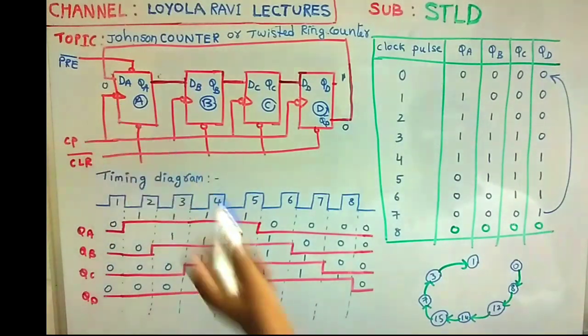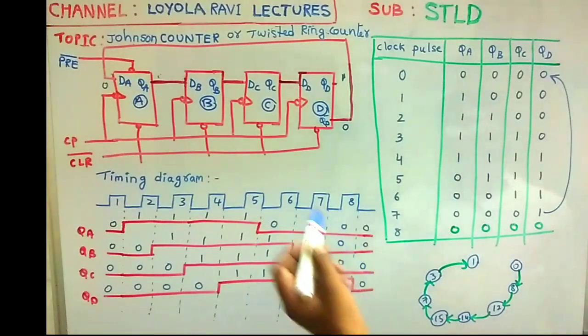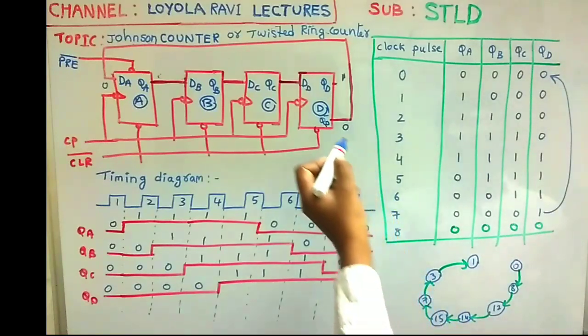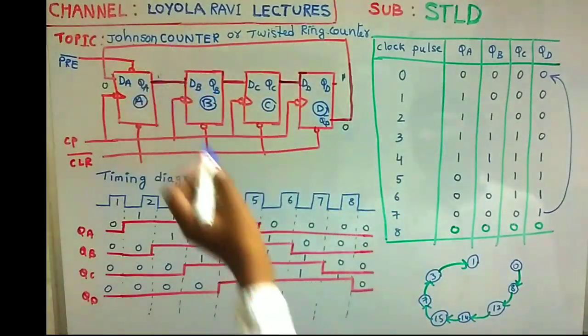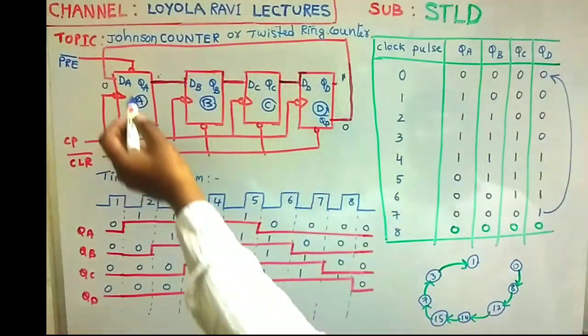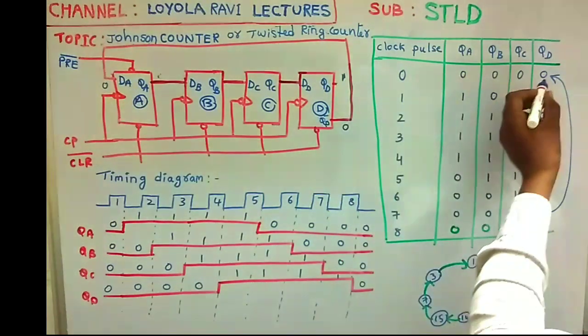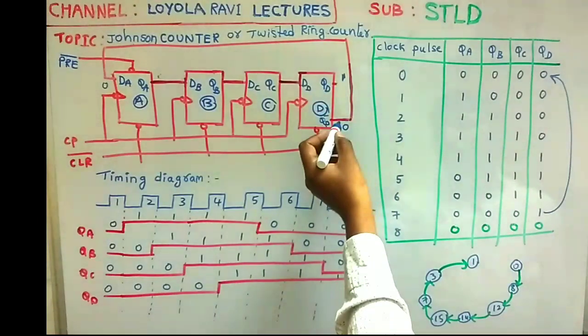Whenever you apply first clock pulse, then what happens? After first clock pulse, QA becomes 1. QD is 0 means QD bar is 1.